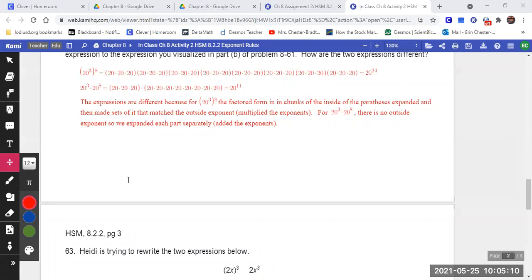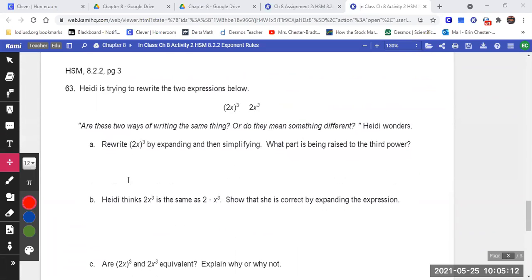Okay, so let's go to the next one. Heidi is trying to rewrite the two expressions below. And the question was asked of her, are these two ways of writing the same thing, or do they mean something different? Heidi wonders.